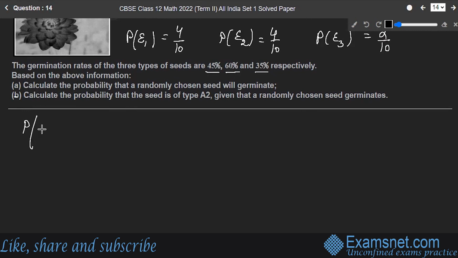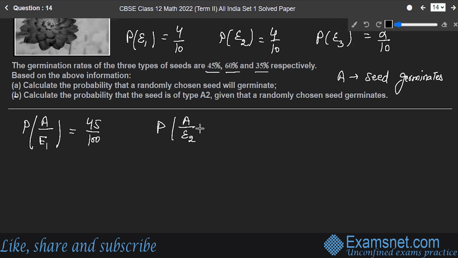If I take A as the event that the seed germinates, the probability that the seed has germinated given it is of A1 type is 45%. Given A2 type it is 60%. Given A3 type it is 35%.